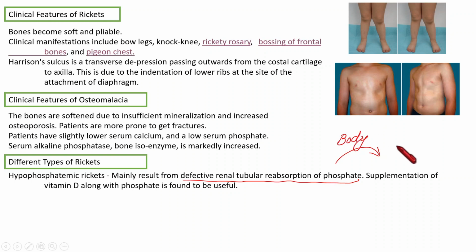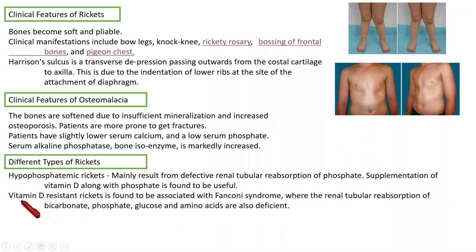The body is losing it, so the level of phosphate in the body will be low. How can we correct that situation? By supplementing vitamin D, along with an additional amount of phosphate. That can rectify the situation.